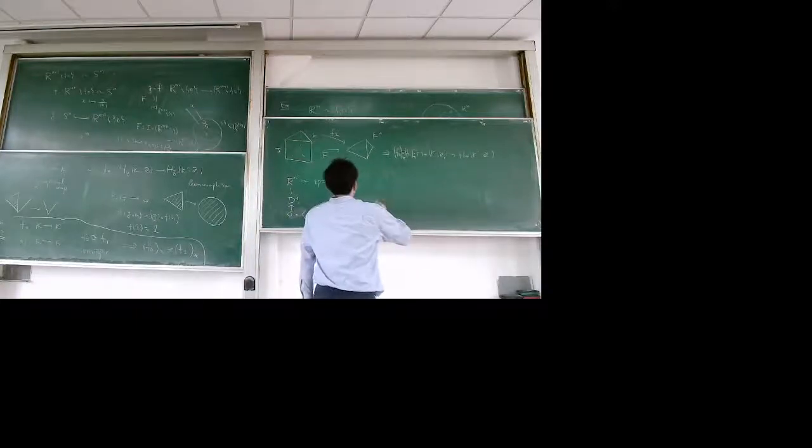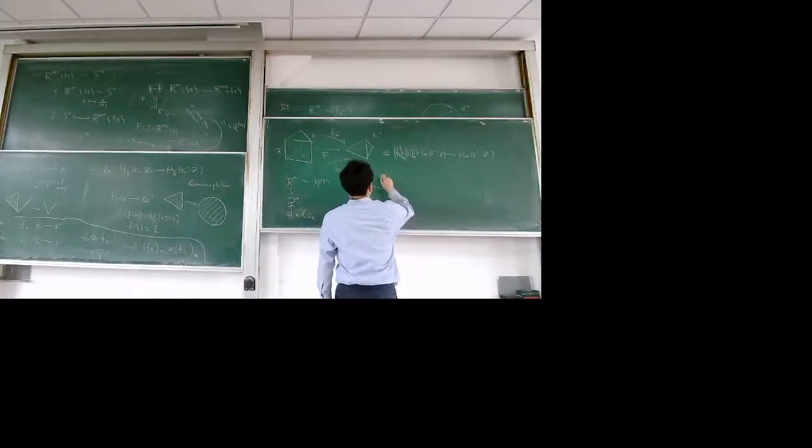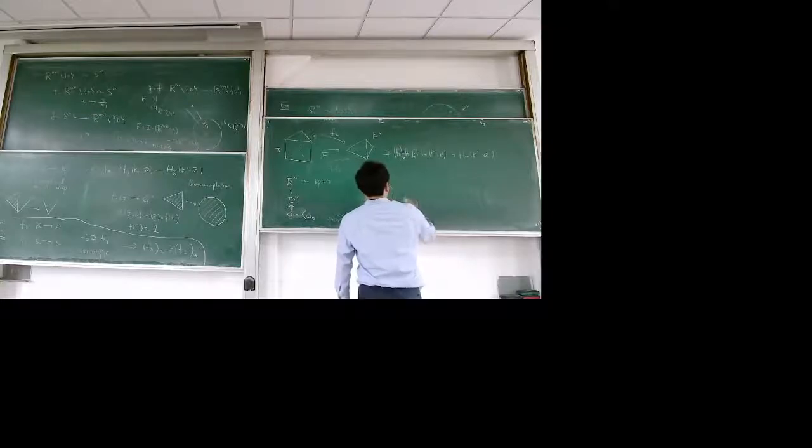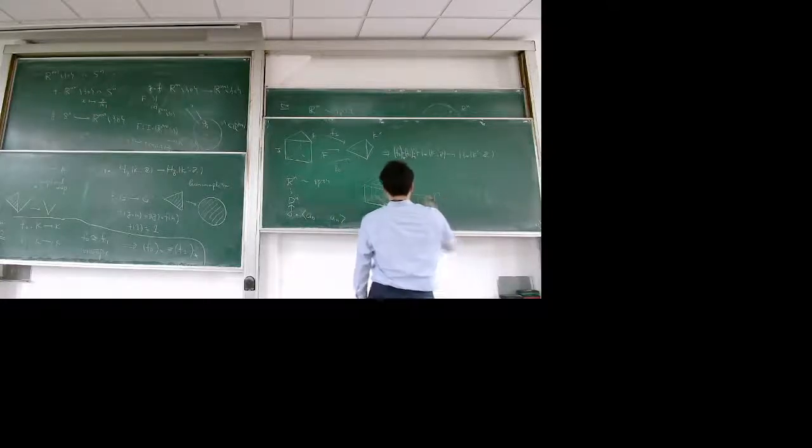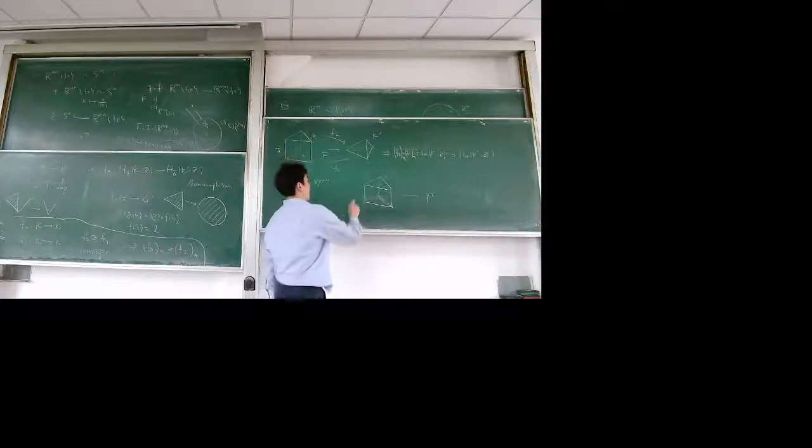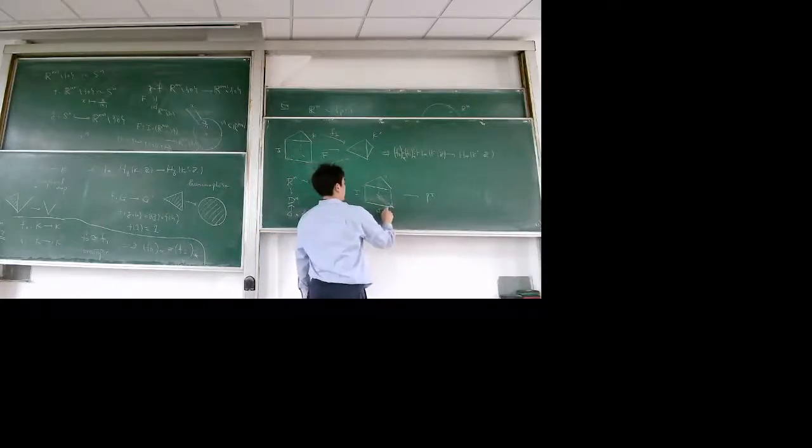So therefore, you can have a simplicial map like this way, to the point. This is I, and this is sigma n, to the point.